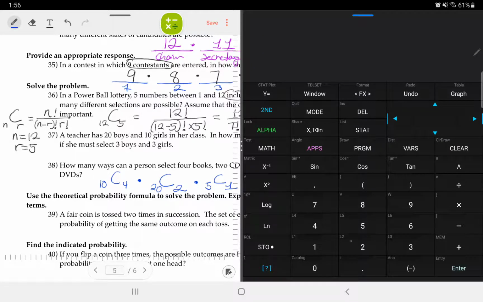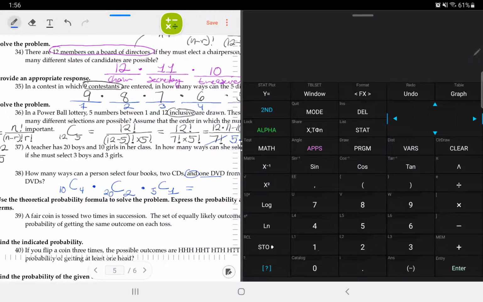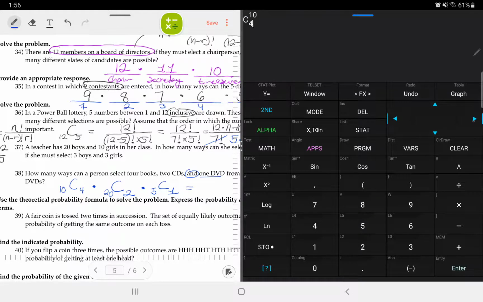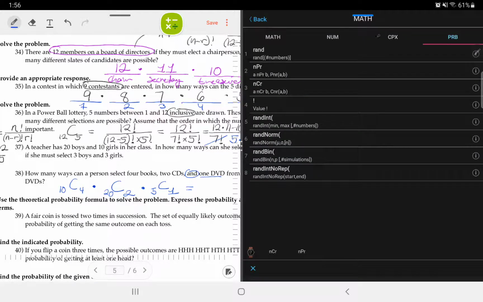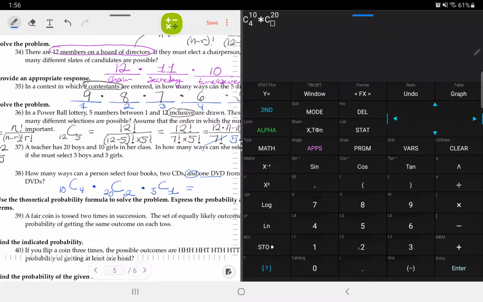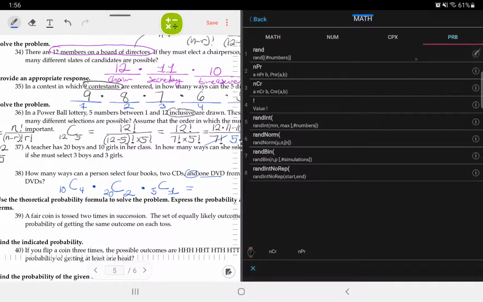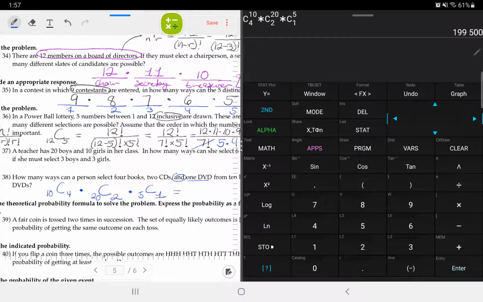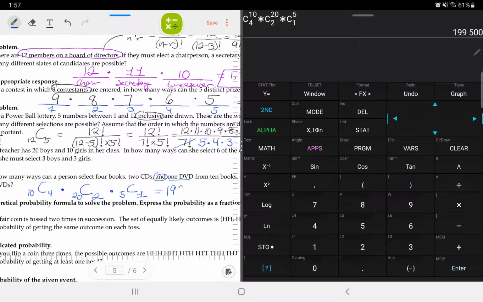Actually, let's do it all at one time. 10 combination 4 times 20 combination 2, and that's going to be times 5 combination 1. And that's going to equal 199,500 ways.